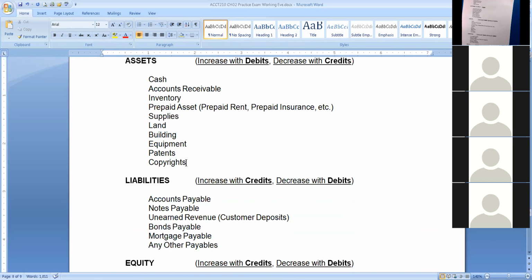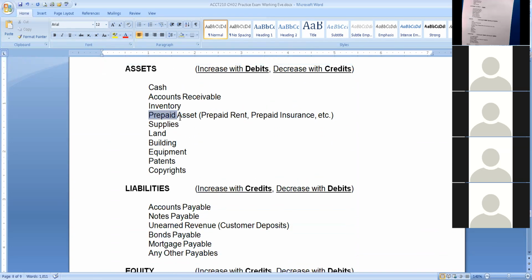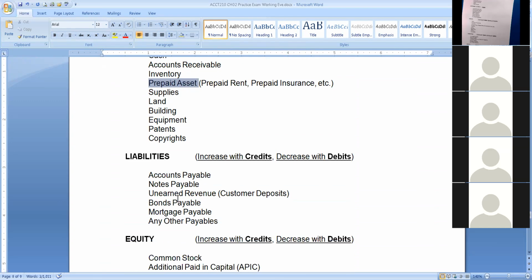All right. If we pay in advance, it's prepaid. This is a little bit different in that this is somebody paying us in advance. So this is going to be unearned revenue. Now, unearned revenue really isn't a revenue, it's a liability. So when someone pays us in advance, our liability is going to go up, it's going to increase the credit. Now, truthfully, we always say that revenues are credits.